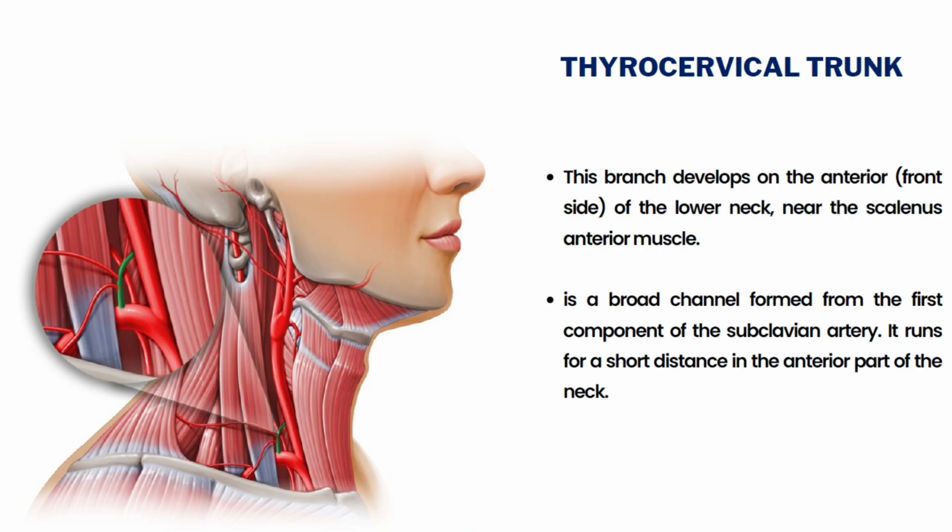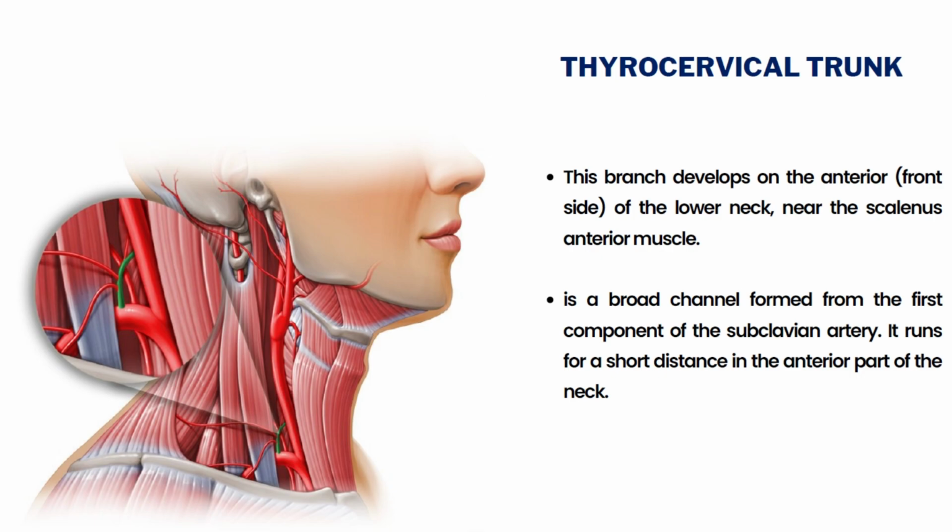The last branch of the first part of the subclavian artery is the thyrocervical trunk. It is a broad channel formed from the first component of the subclavian artery. It runs for a short distance in the anterior part of the neck. This branch develops on the anterior side of the lower neck, near the scalenus anterior muscle. This arterial trunk has a wide supply territory.